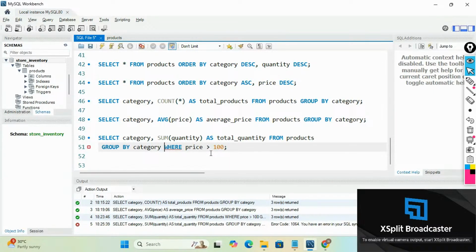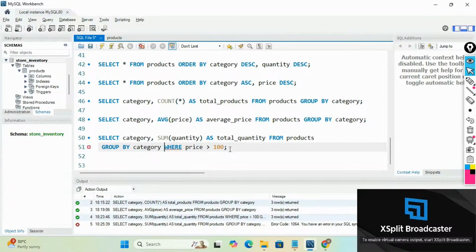So what exactly it means is, we have a question: can't we filter the data which is grouped, because group by is actually grouping the data? After grouping the data, I try to filter it using the where clause. Can't I do it? We can do it, but not using the where clause.